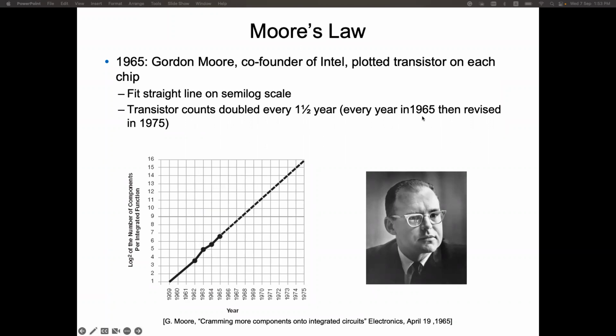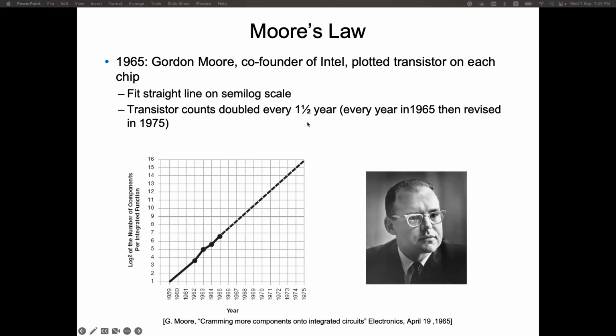He put a lot of observation and prediction in his paper written in 1965. Basically, he put some existing data dots on a semi-log graph, and then made a prediction. He predicted that this trend will continue for many years.